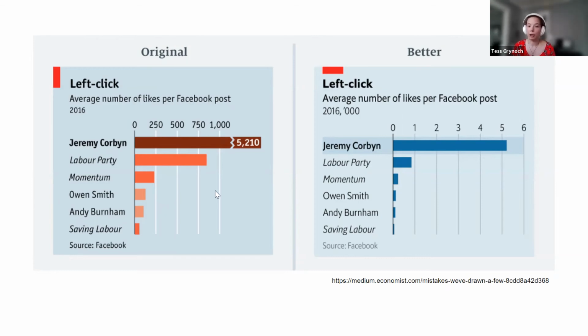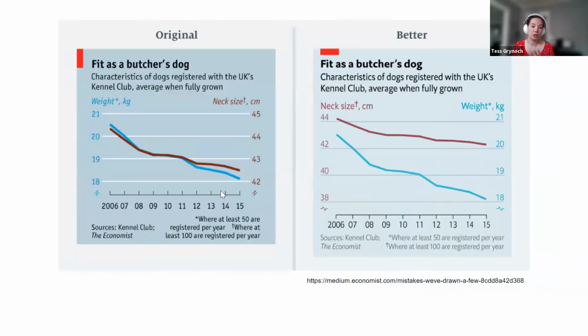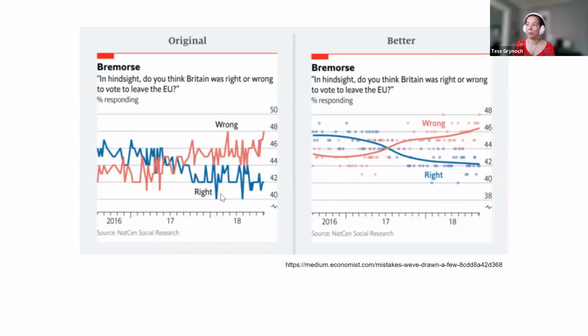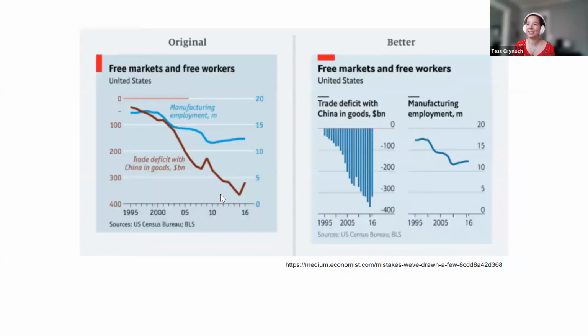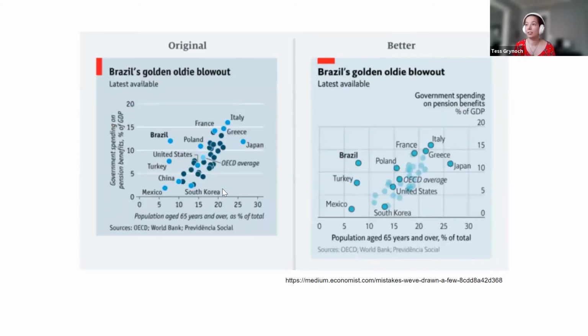The same article has several other charts, and this activity could work for any chart that has undergone a makeover. But I just wanted to go over the ones that were in the Medium article. There's one comparing dog neck size to weight, remorse over Brexit, the trade deficit and manufacturing employment, and then GDP and population, government spending, pension benefits as a percentage of GDP, and population over 65.